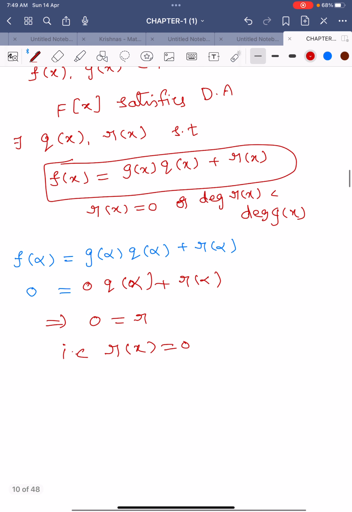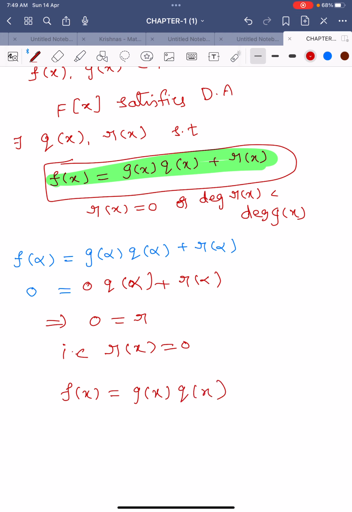If r of x is equal to 0, then this expression becomes f of x is equal to g of x into q of x. And you remember that the degree of f of x is greater than 1 and the degree of g of x is equal to 1. So obviously the degree of q of x is also greater than or equal to 1.